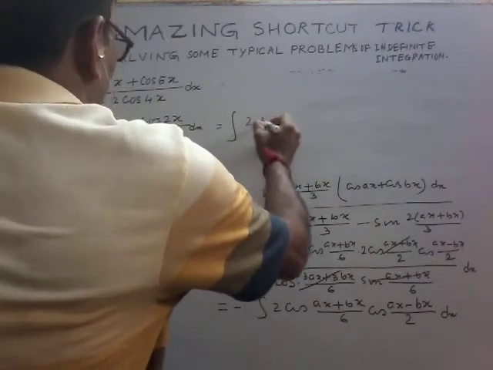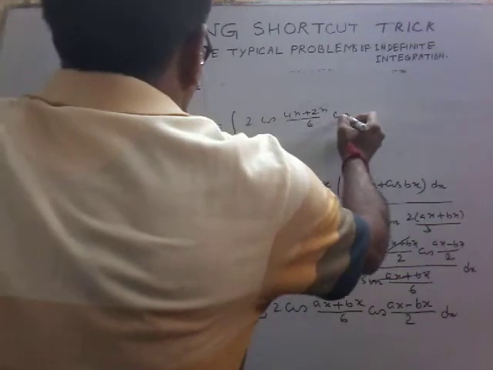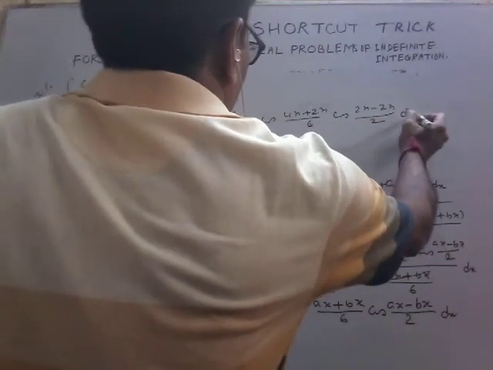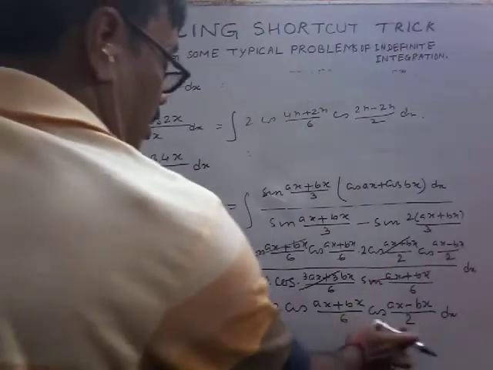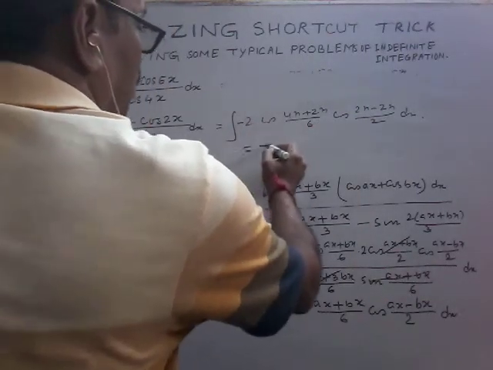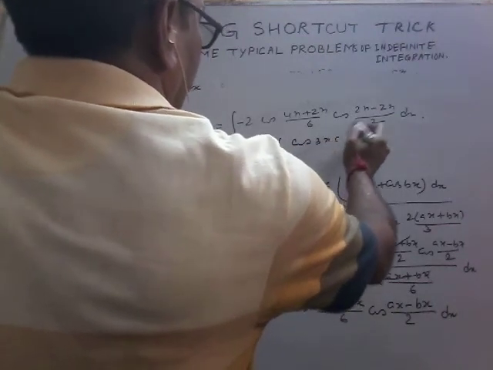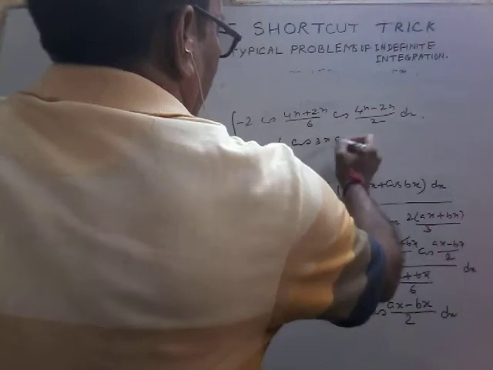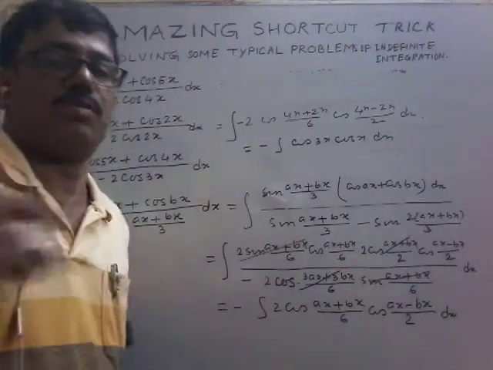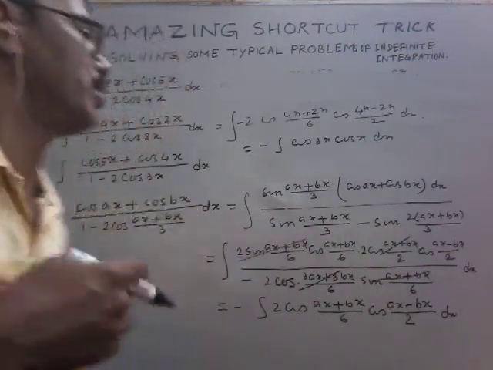So minus 2 cos(sum of angles by 6) cos(difference of angles by 2) dx. The sum is 6, the difference is 2. So minus, obviously, cos 3x into cos x dx. Using the formula of 2 cos A cos B, we can easily solve it.